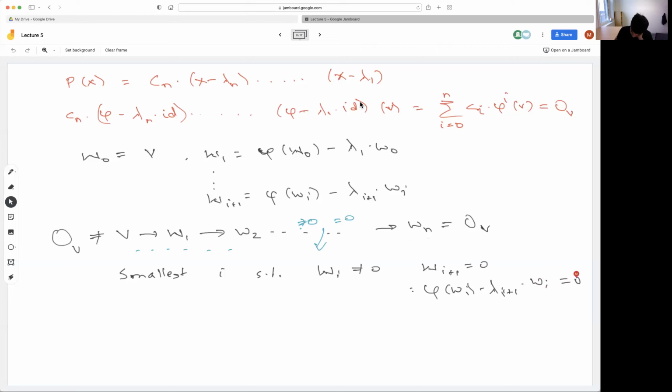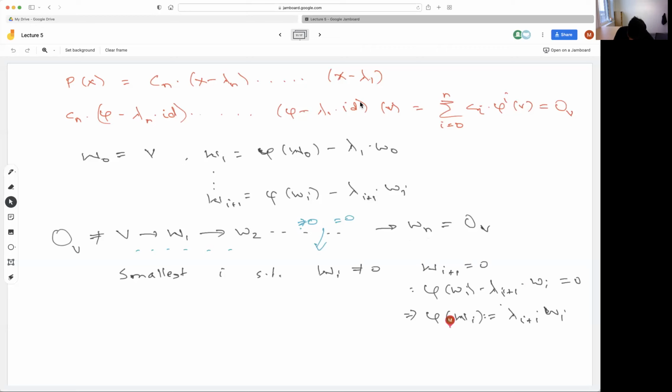So this phi of Wi minus lambda Wi plus 1 is equal to 0, which means that phi of Wi is equal to lambda i plus 1 times Wi.